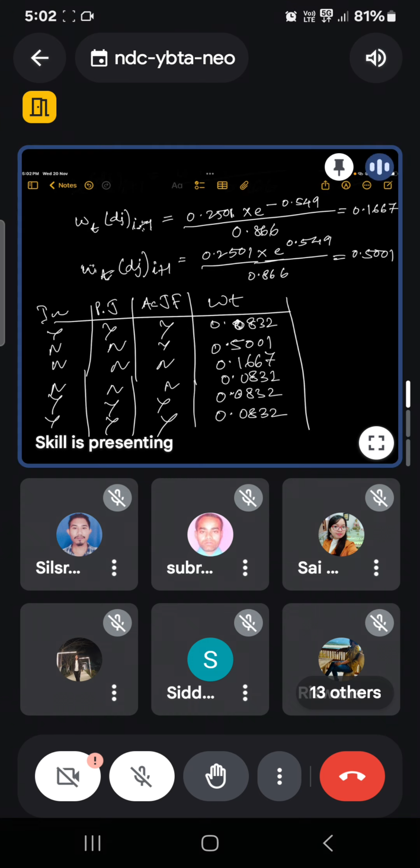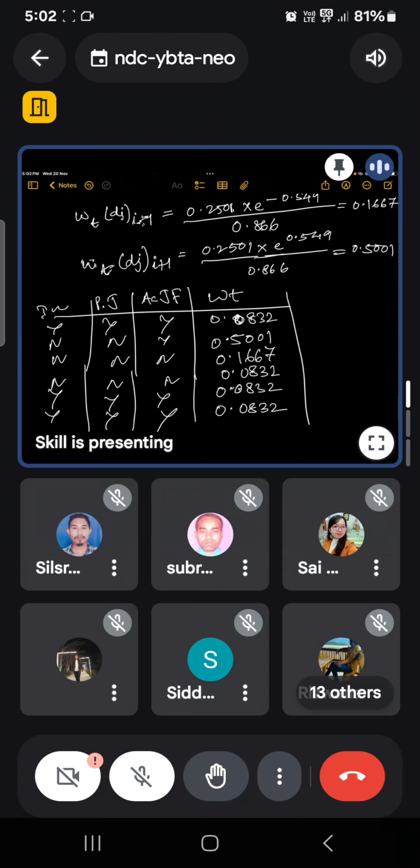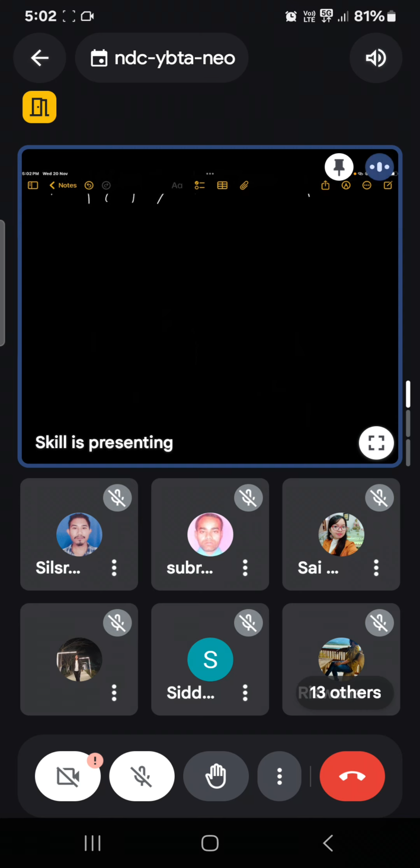Finally, we are updating the weight of all the data instances for the decision stump interactiveness. The next decision stump is practical knowledge.